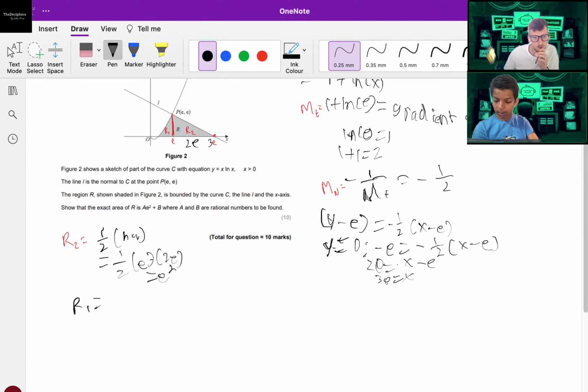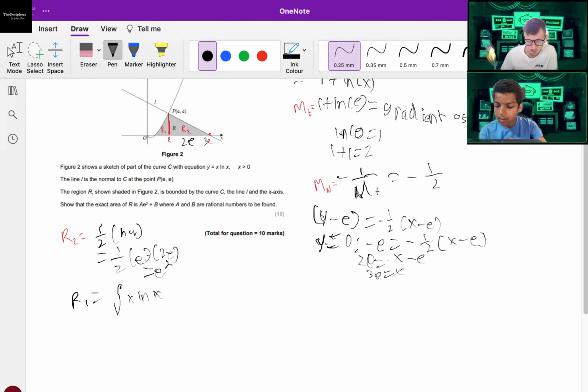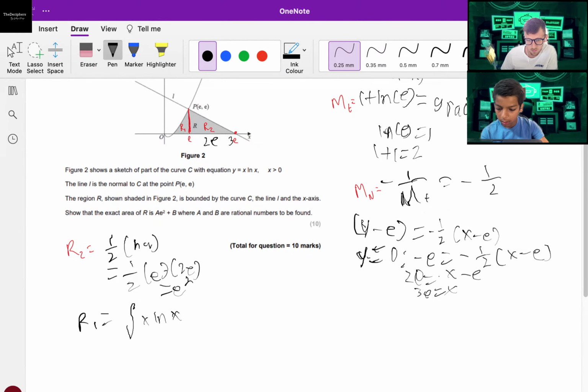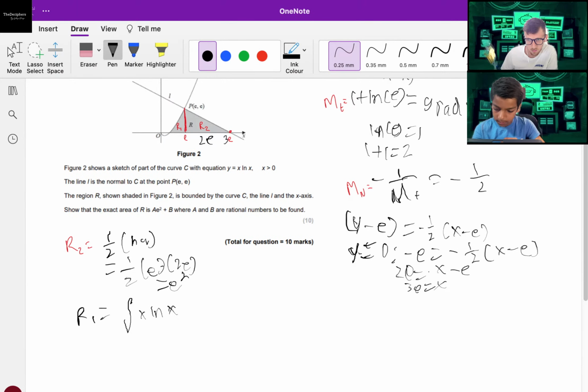R1 is the integral of x ln x between that point and e. Good. So we know the upper limit is e. How are we going to find that other point where the curve crosses the x-axis?